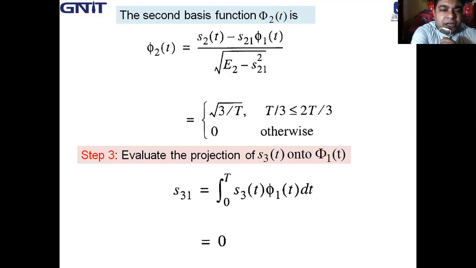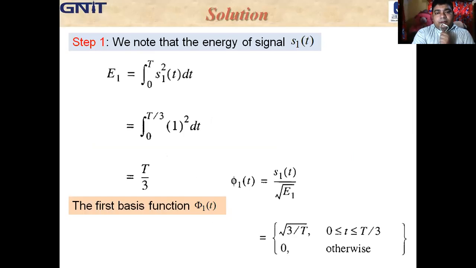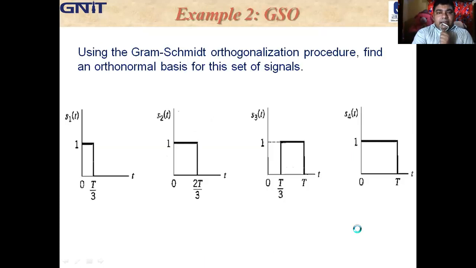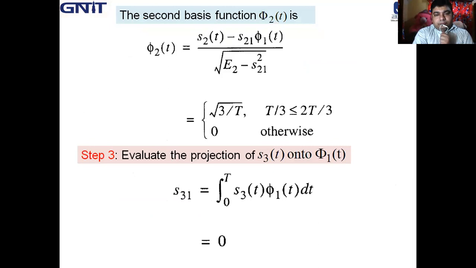S31 is the projection of signal S3(t) on phi 1(t), that is the integral from 0 to T of S3(t) phi 1(t) dt, and phi 1(t) belongs to 0 to T/3, and in the diagram, from 0 to T/3 there is no existence of signal S3(t). So in that part S31 is 0. See here, S31 is 0.